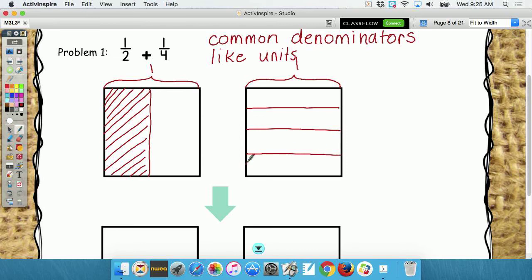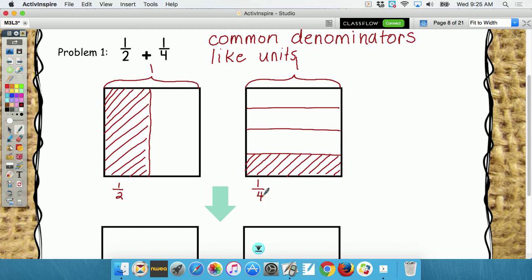Trust me. So shade 1/4. And I could go ahead and write 1/2 and 1/4 here just to show that I know what I'm representing.